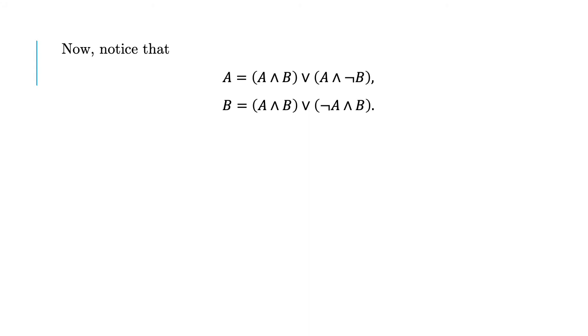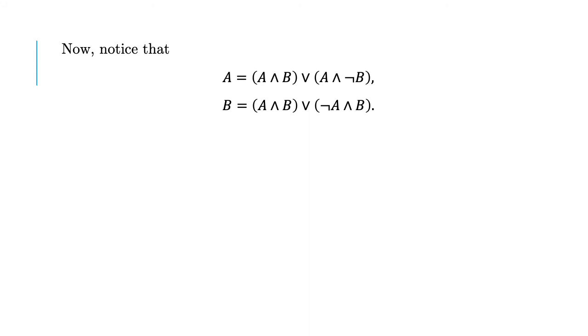Now notice that A is logically equivalent to (A and B) or (A and not B). And B is logically equivalent to (A and B) or (not A and B).